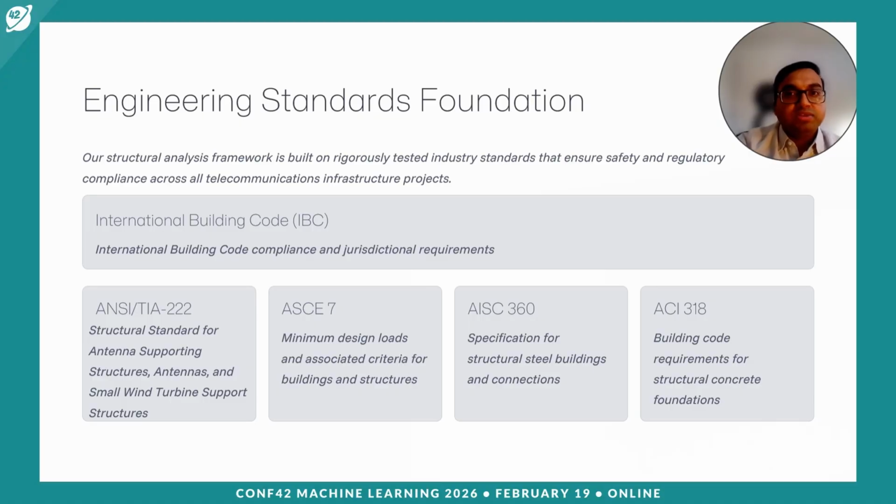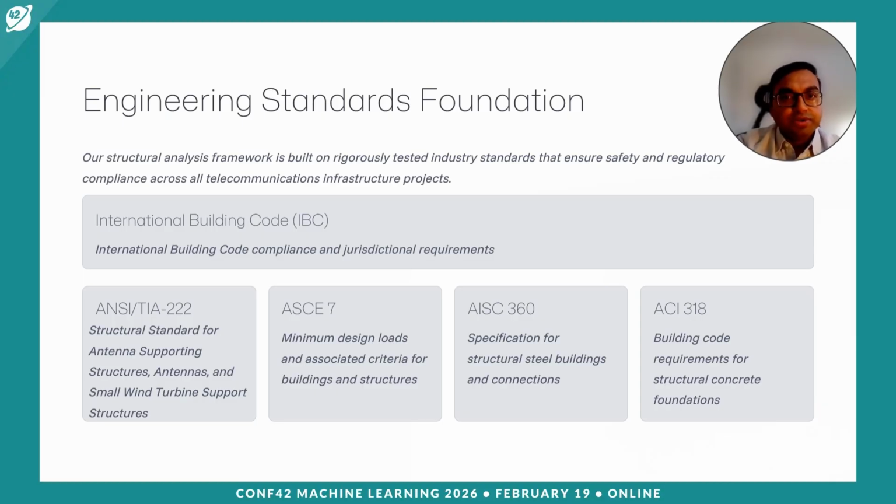ASCE 7 provides the foundational environmental loads, including wind speed maps, ice loading criteria, seismic parameters, and their load combinations. TIA 222 references ASCE 7 and adapts its provisions for tower-specific applications. AISC 360 governs the design of structural steel members and connections. Since the vast majority of telecom towers are steel structures, this standard is critical for member capacity checks.